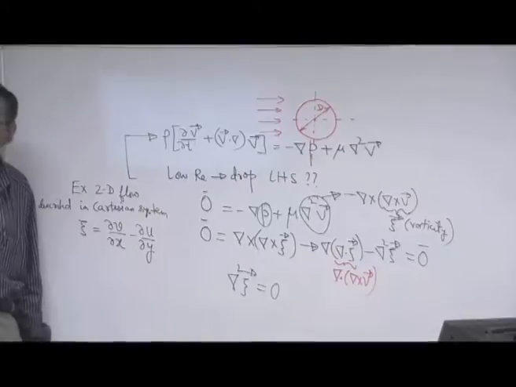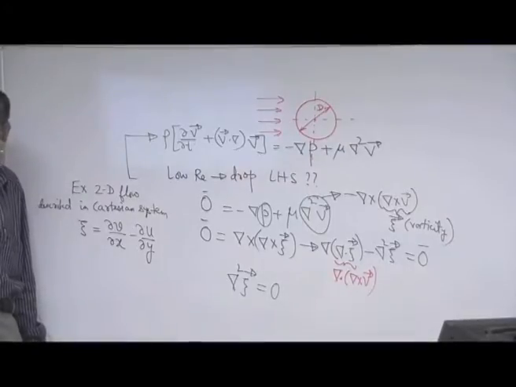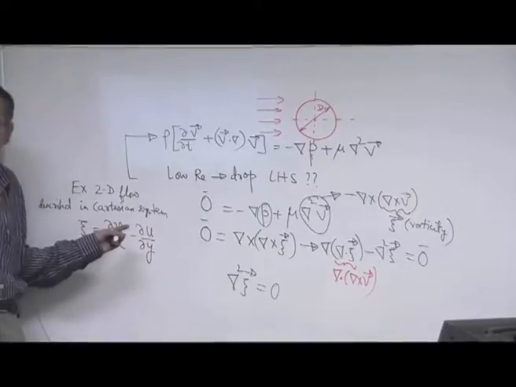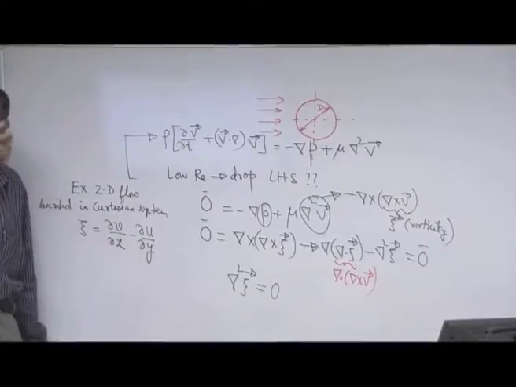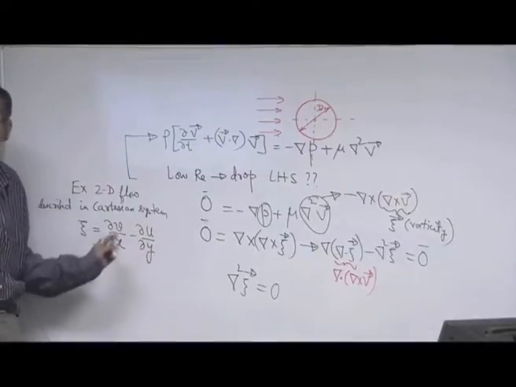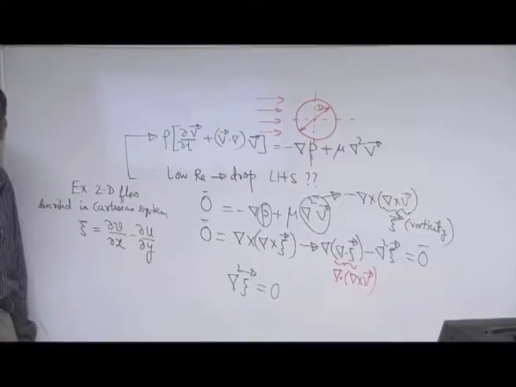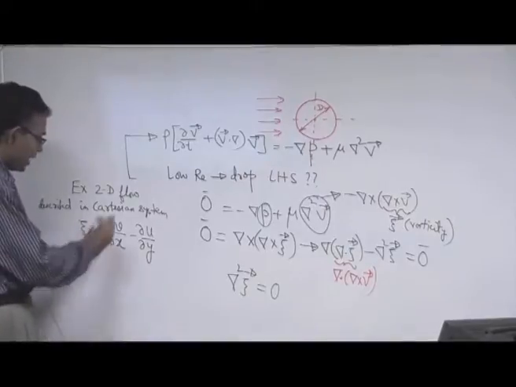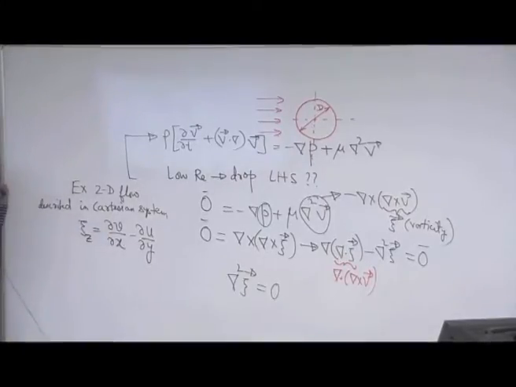So, for a 2D flow the vorticity vector has a direction perpendicular to the plane of the flow, the unit vector is perpendicular to the plane, and the magnitude of the vorticity is this one. So, this is zeta with respect to z axis, the vorticity.